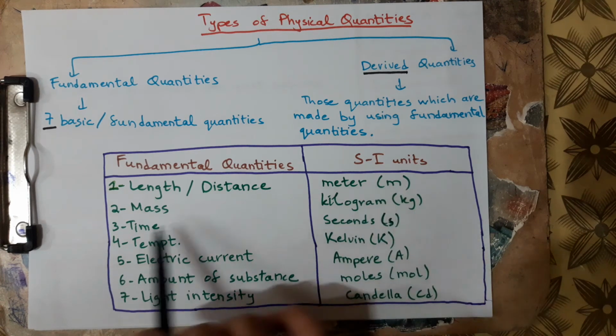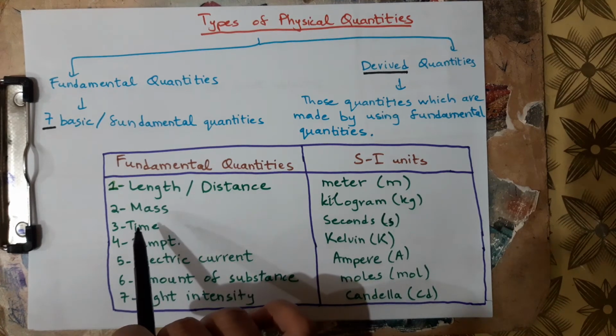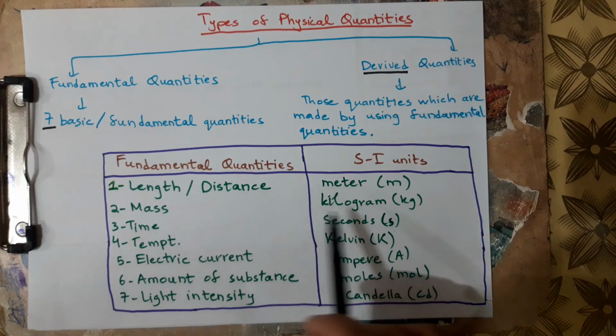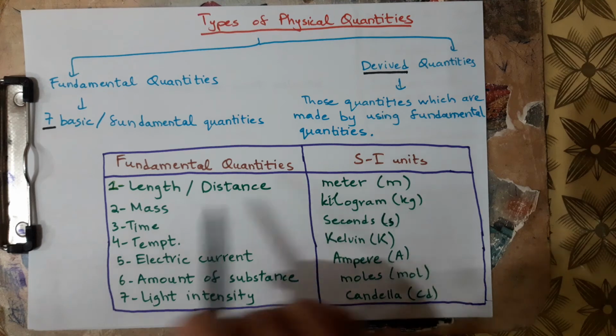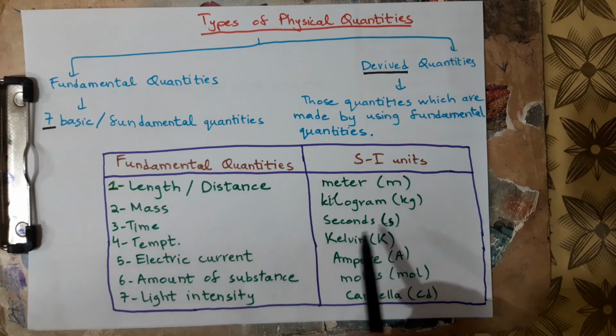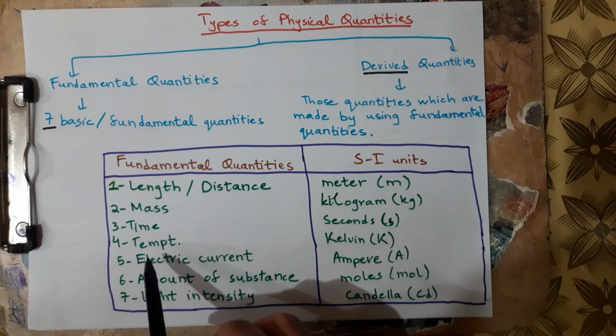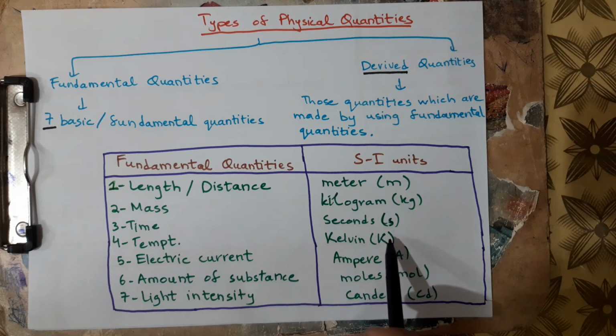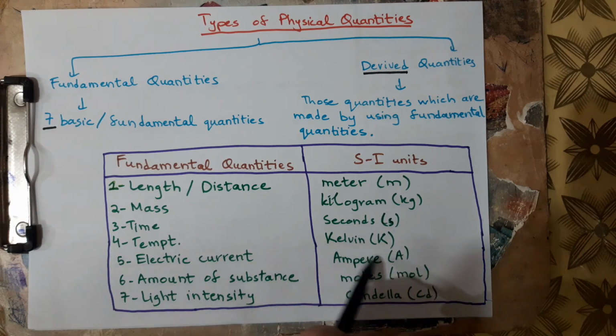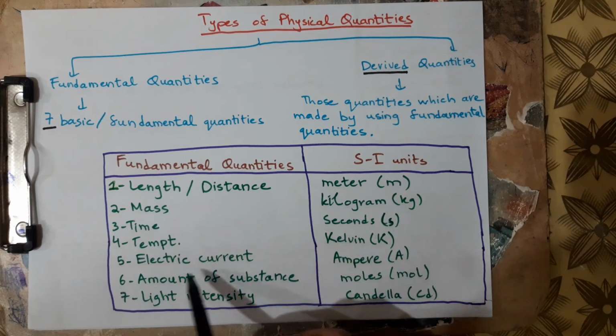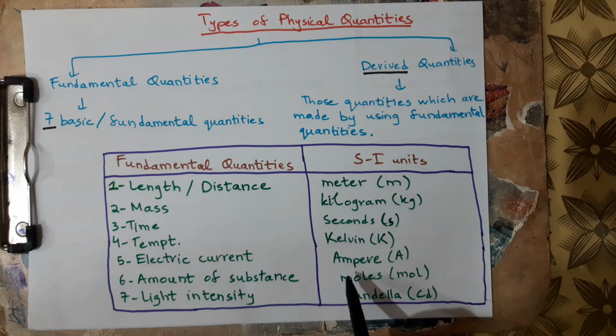This is the symbol. So for the mass, it is kilograms, kg. For time, the SI unit is second, s, and the fundamental quantity of temperature is Kelvin. The symbol is K, capital K. And fundamental quantity of electric current has in the SI unit ampere, capital A. Amount of substance, moles, and symbol mol.